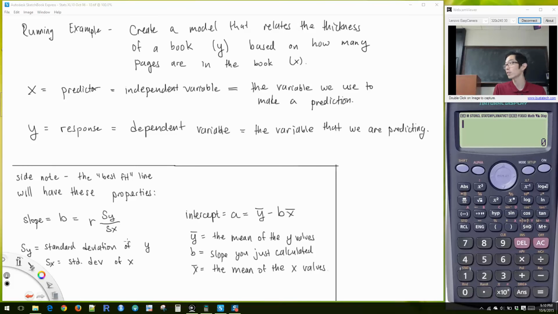So you would take your y values and find your standard deviation of the y values, and take your x values and find your standard deviation of the x values. So if you had to, you could go and calculate these yourself. But in our example, these will be given to us. Okay, and you can always assume R, the correlation, is always given to you. I'll never ask you to do that yourself.